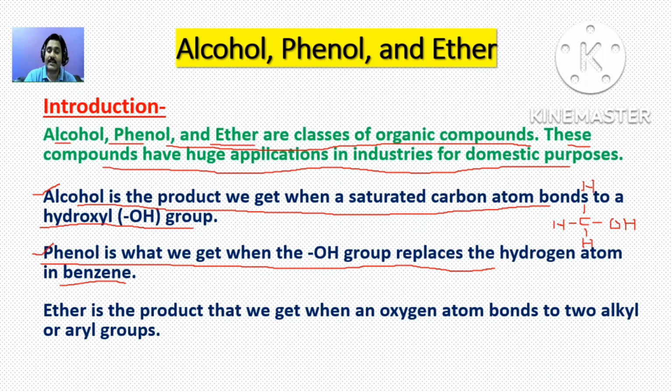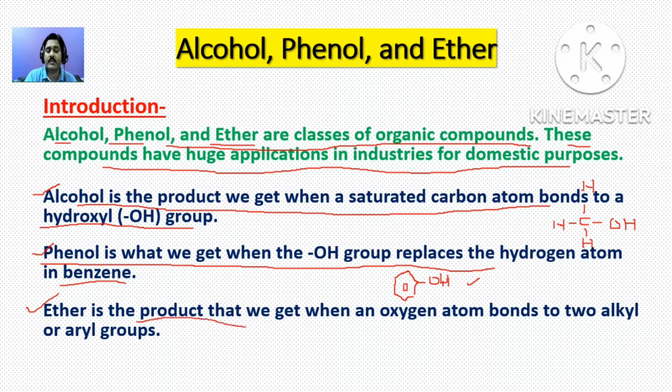Suppose that is the benzene ring, and one hydrogen is replaced with OH, that is called phenol.